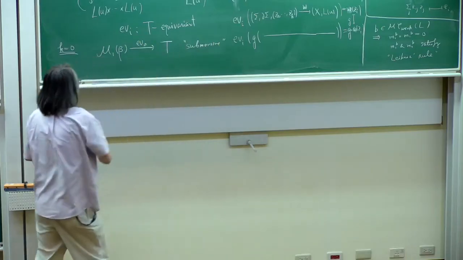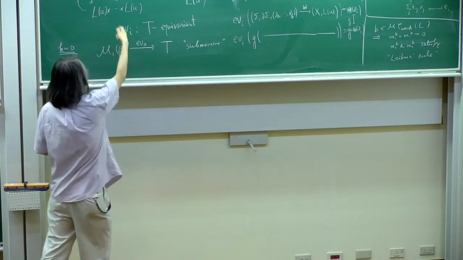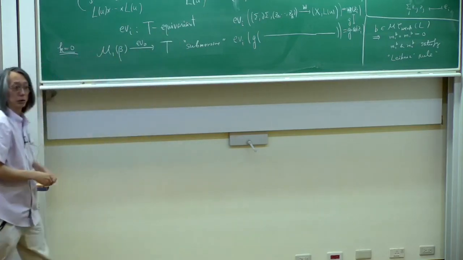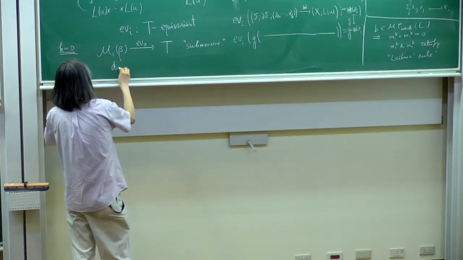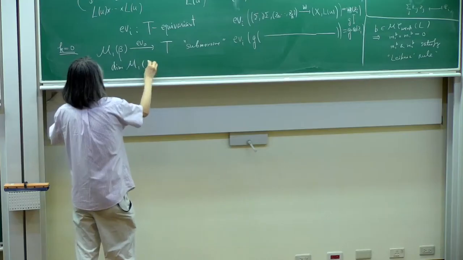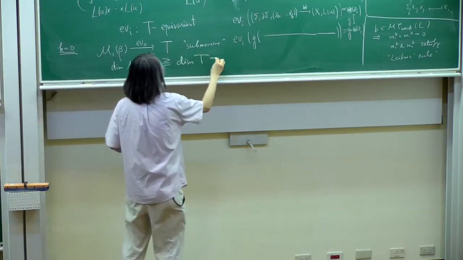Because this is T equivariant, so if we have one point here mapped to somewhere, and then I have a T action, and then it is a submersion. So therefore, the dimension of this m1 beta is at least the dimension of T, and this is equal to n.